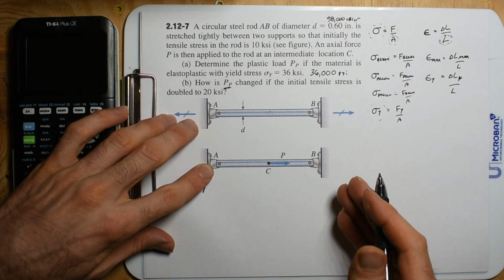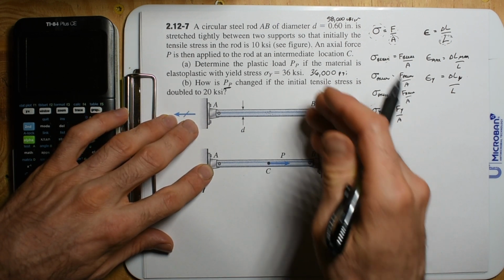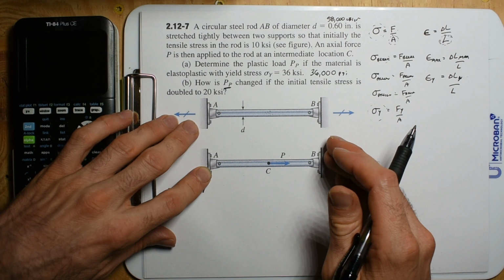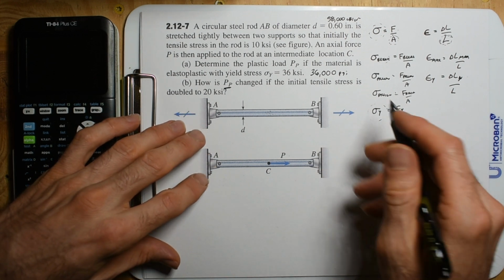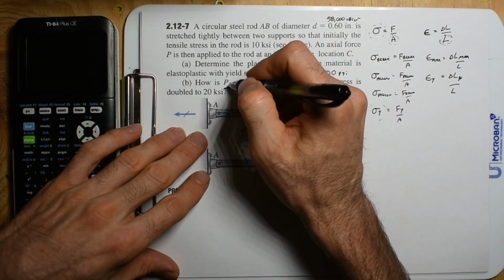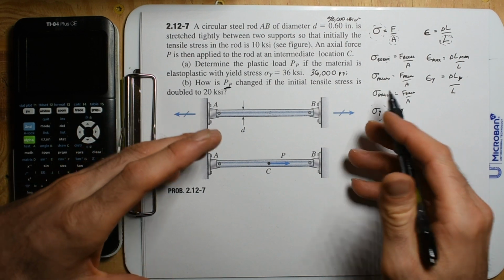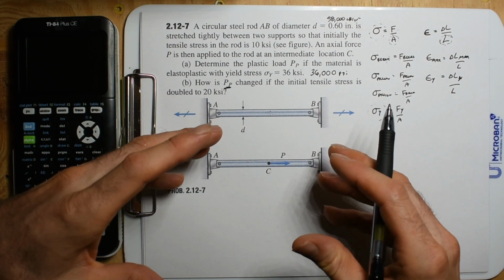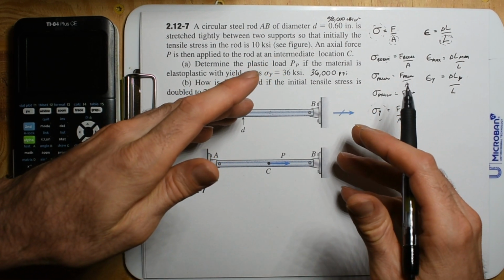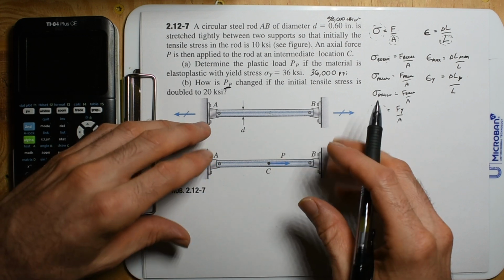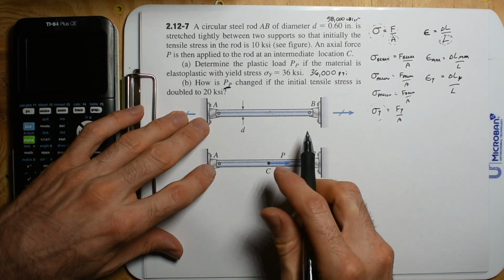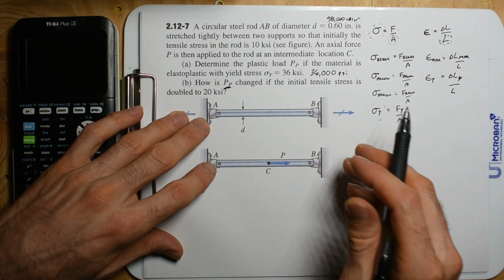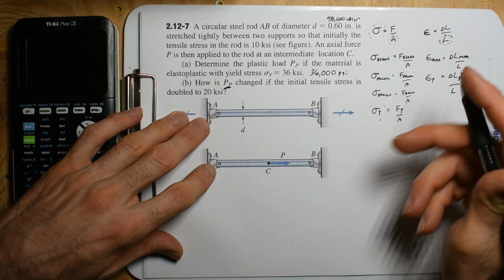It's interesting, we'll get to the second part, but anytime you're working with the plastic limit and working with elastoplastics, technically it should be easy because you're just taking things to the absolute limit. In this case there are two ways you can look at this.